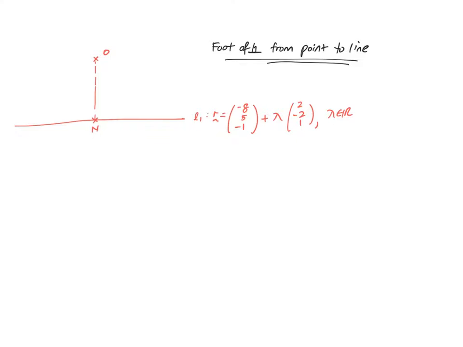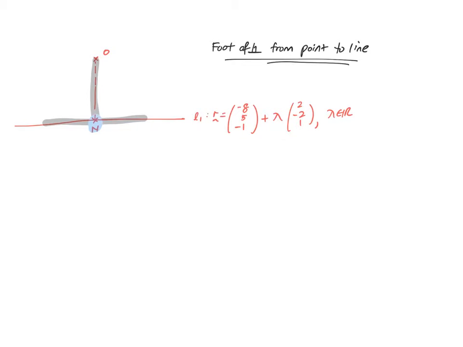We are going to use the fact that the direction vector of ON and the direction vector of the line give a dot product of 0 because they are perpendicular. What I want to find is ON, because something special about this point N is that it lies on the line.